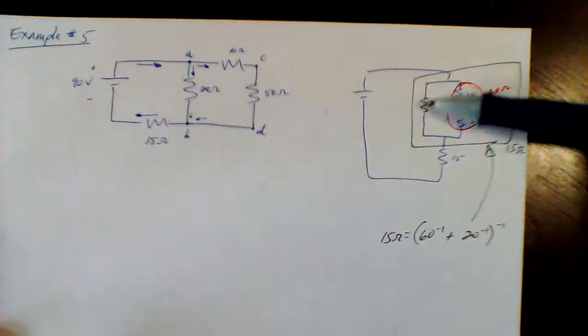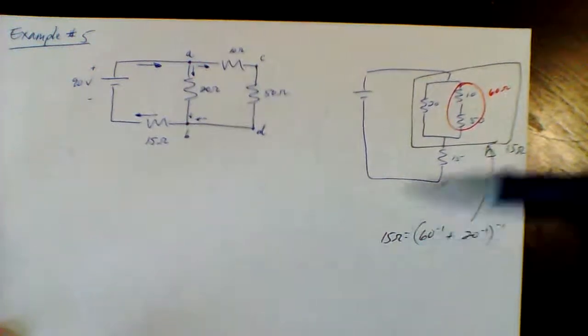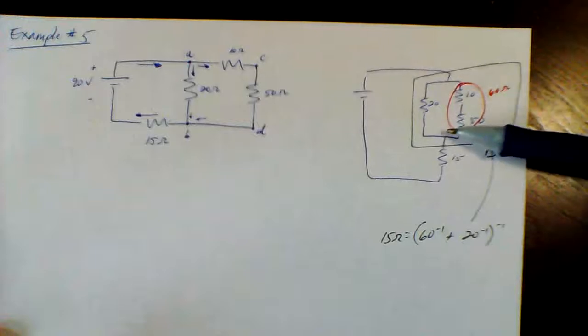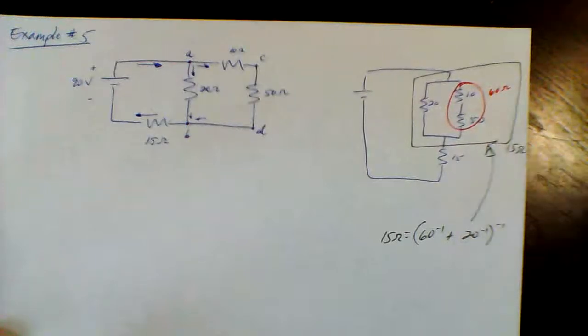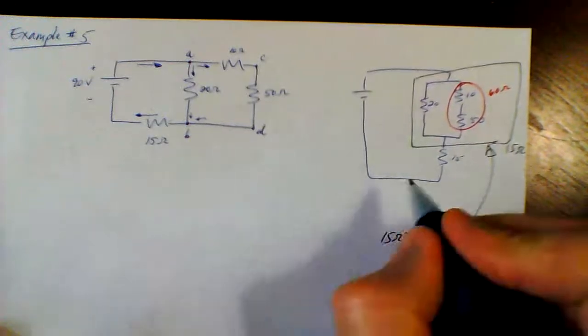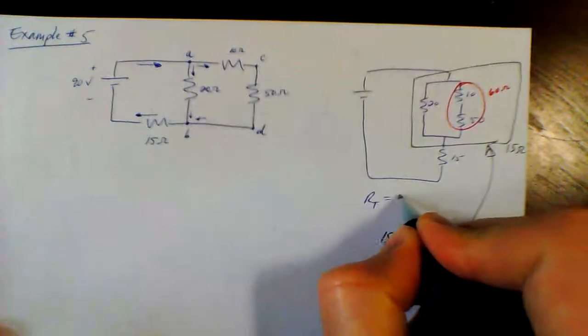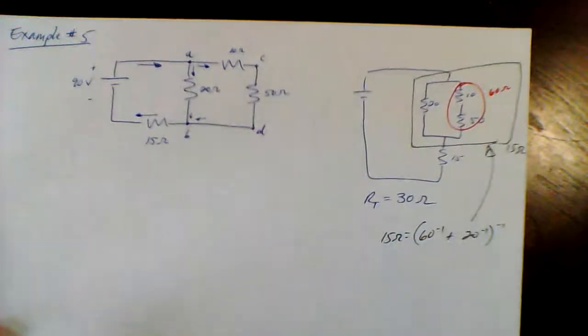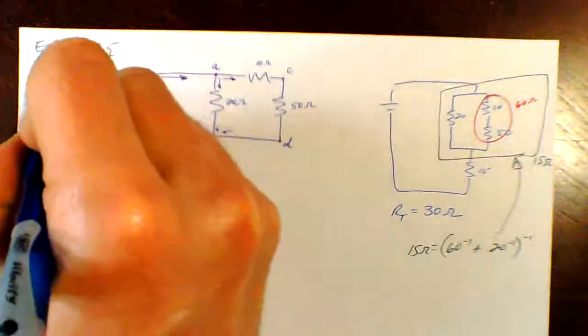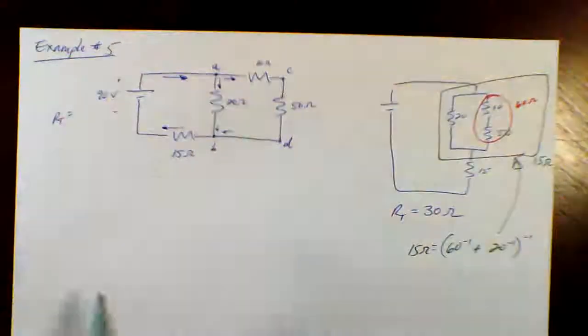And this part of the circuit is in series with that. So 15 ohms in here plus 15 ohms gives me 30 ohms. So my total resistance, my equivalent resistance, R_T, is 30 ohms.